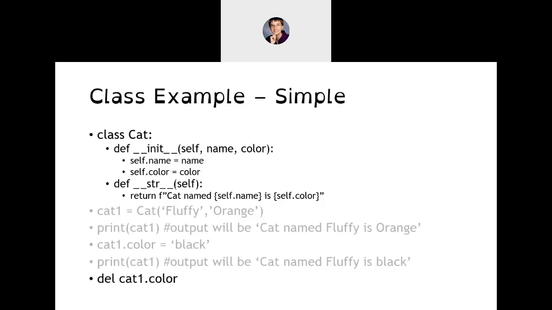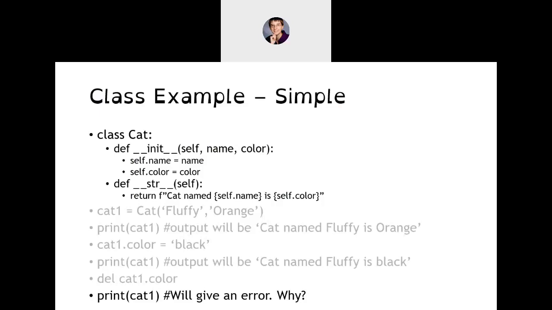Now, if I do this, and I say del cat1.color, and then I say print cat1, I'm going to get an error. Why? Because it's going to go to this string dunder method here, and self.color no longer exists, because you actually deleted that attribute from that class.